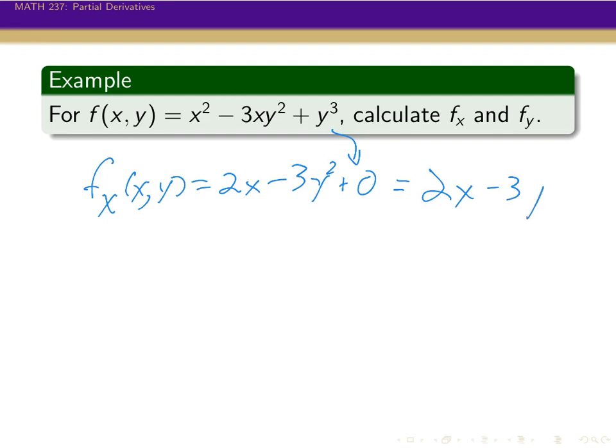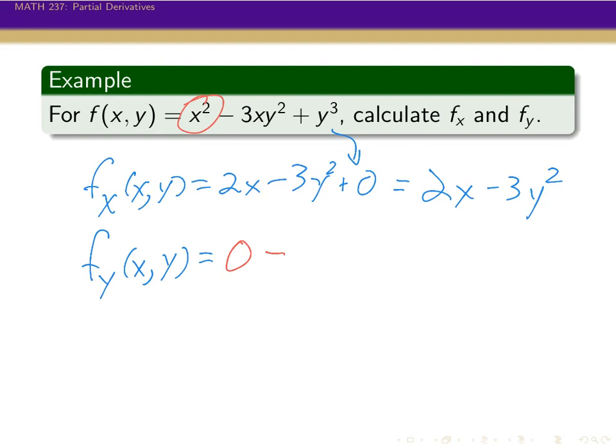So the partial derivative in terms of x here is 2x minus 3y squared. What about the partial derivative in terms of y? Well, x squared has no y in it, so if we're treating it like a constant, its derivative is 0.